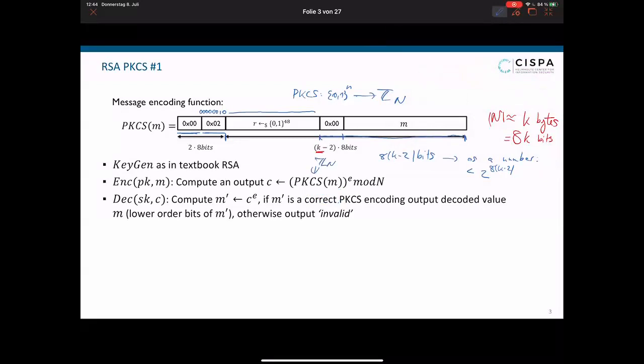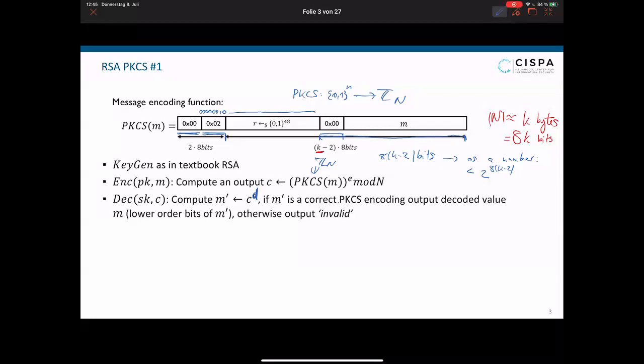Given a ciphertext C, it computes C to the D. And now it just has to check if this M prime that we computed as C to the D is actually a correct PKCS encoding, meaning that it starts with some zeros, then comes this 2 byte, then comes randomness, and then comes this 0 block. And if this is a correct encoding, output M.